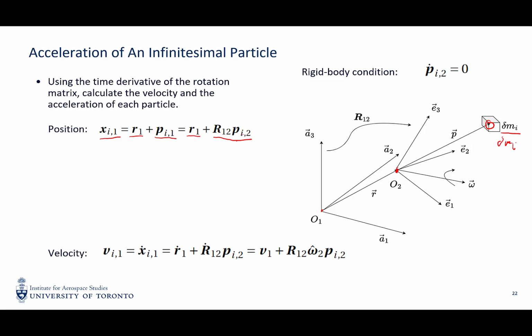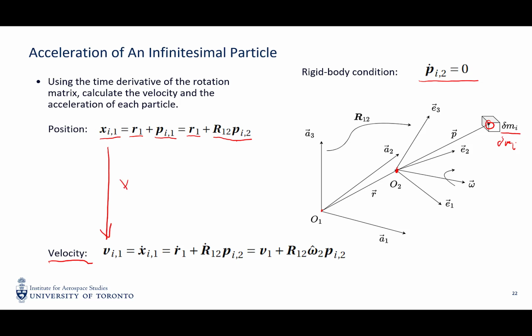Okay. And remember that since we use the rigid body condition, the time derivative of the position of a point mass in the body fixed frame does not change because it is a rigid body. Now, in order to obtain the inertial velocity of this point mass, we just apply the time derivative on both sides of the equation.